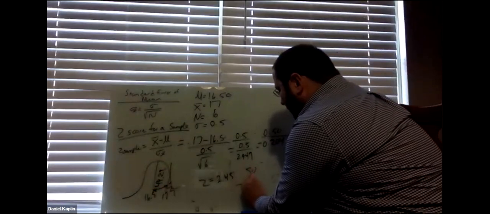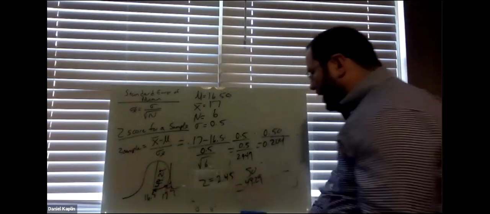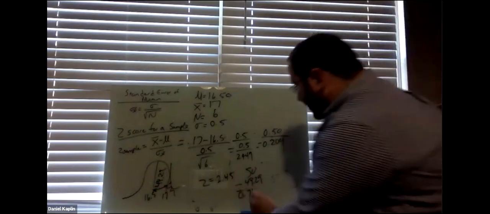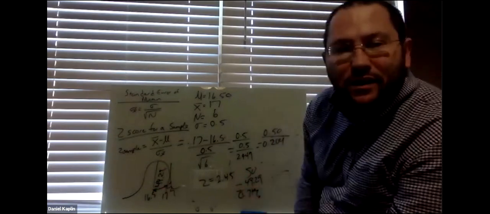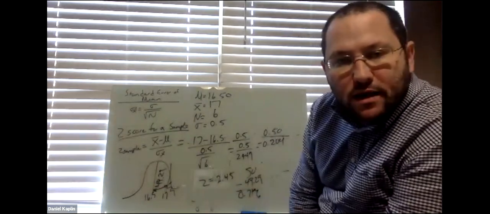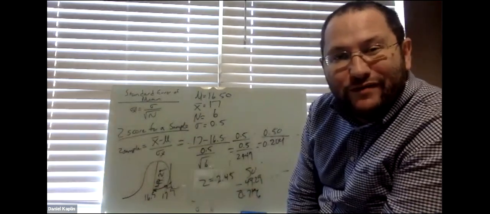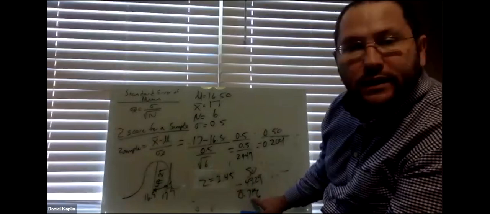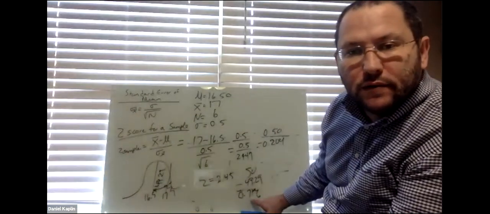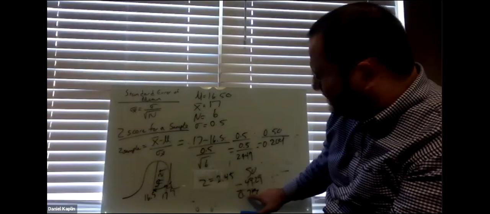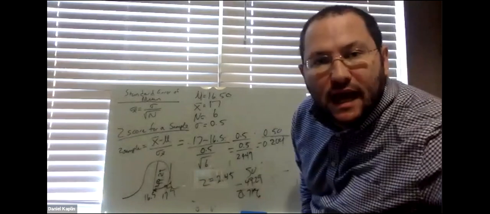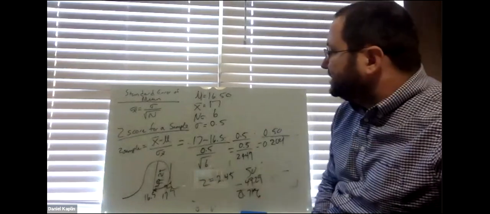We do 50 minus 49.29, and we get 0.71%. So the probability of a bottling company making an error of even 1/2 ounce of Snapple is less than 1%, right? So it's 0.71%.